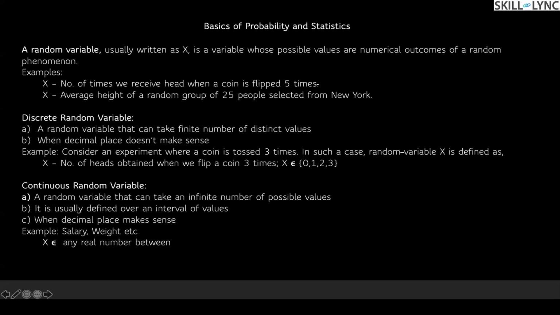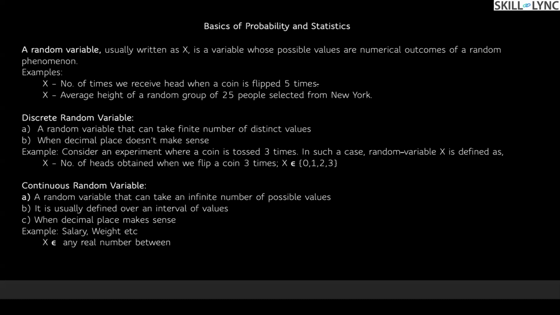Now a random variable can be of 2 types. It can be discrete or continuous. Discrete random variable, it's very simple English, guys. Discrete means something for which the decimal point does not make sense. For example, number of people. Can I say 1.5 people? No, I cannot say 2.35 people. I can only say 1, 2, 3, 4, 5.